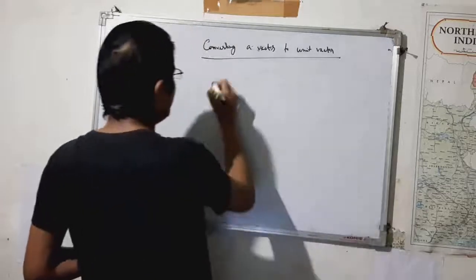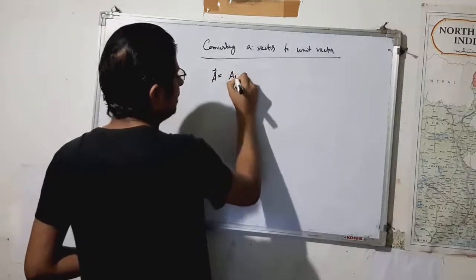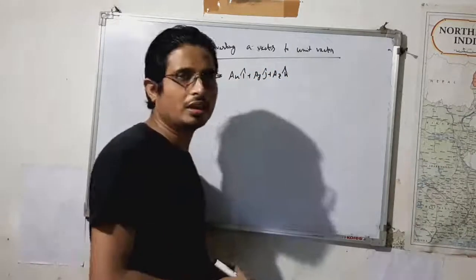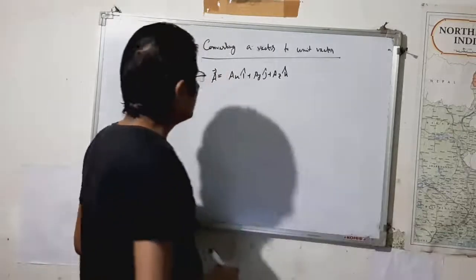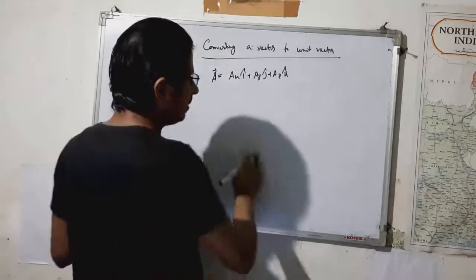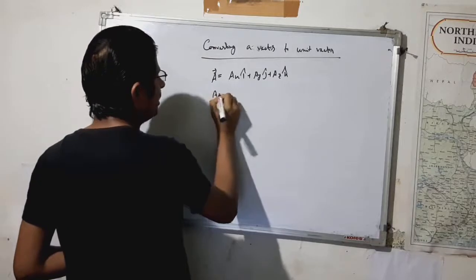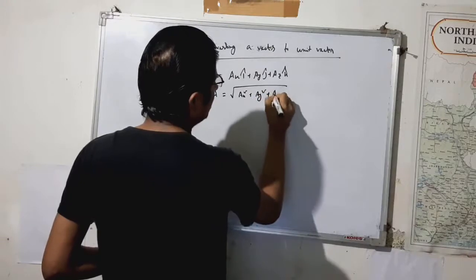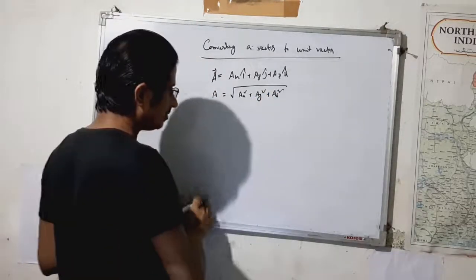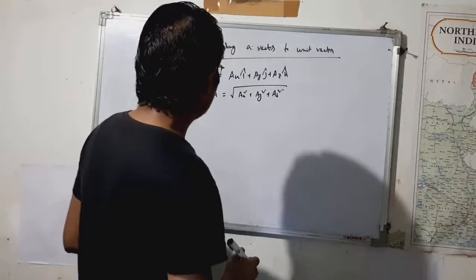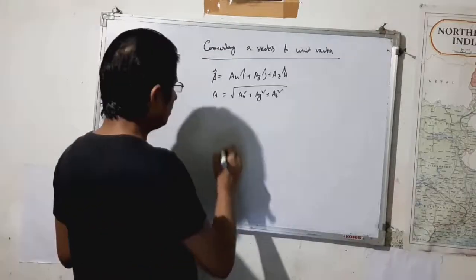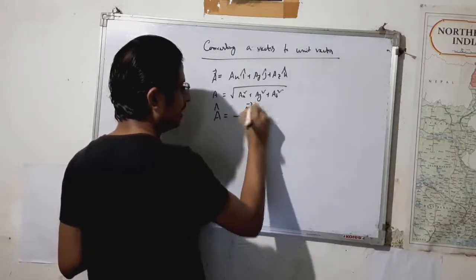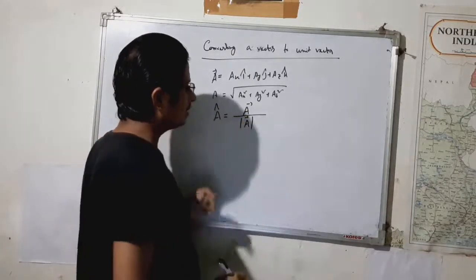Now suppose A is a vector, so A can be written as Ax i plus Ay j plus Az k. So we can write its magnitude as A equal to square root of Ax square plus Ay square plus Az square. So any unit vector A cap can be calculated by this formula, vector A divided by its magnitude.